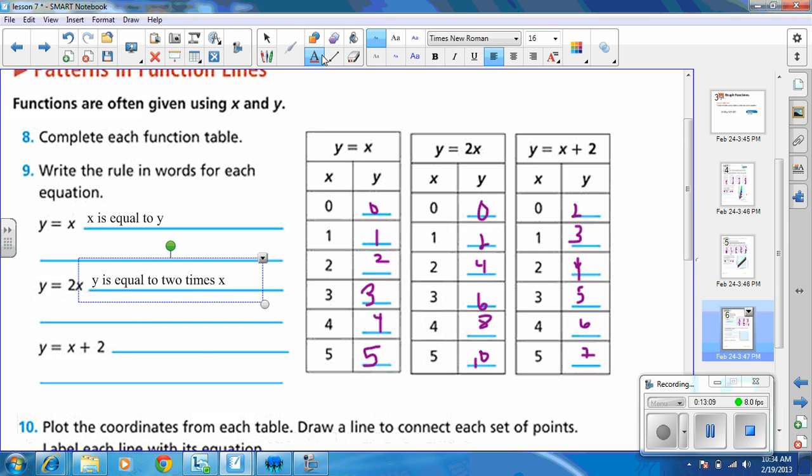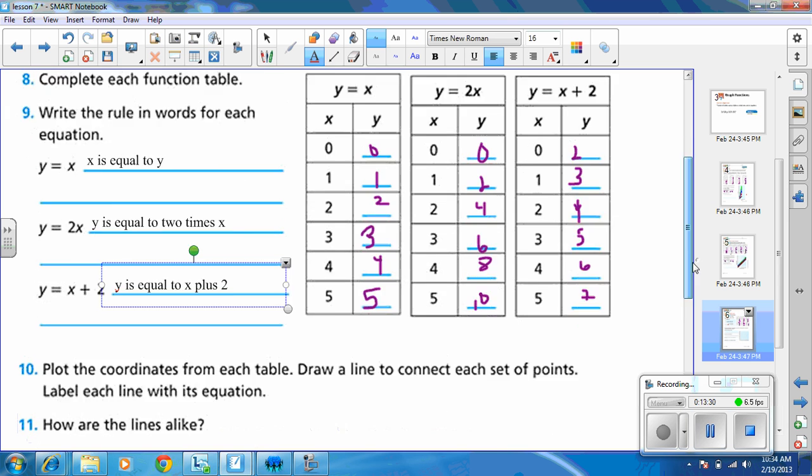And a rule in words for the next one is y is equal to x plus 2. Okay, so it's just saying out what it is.